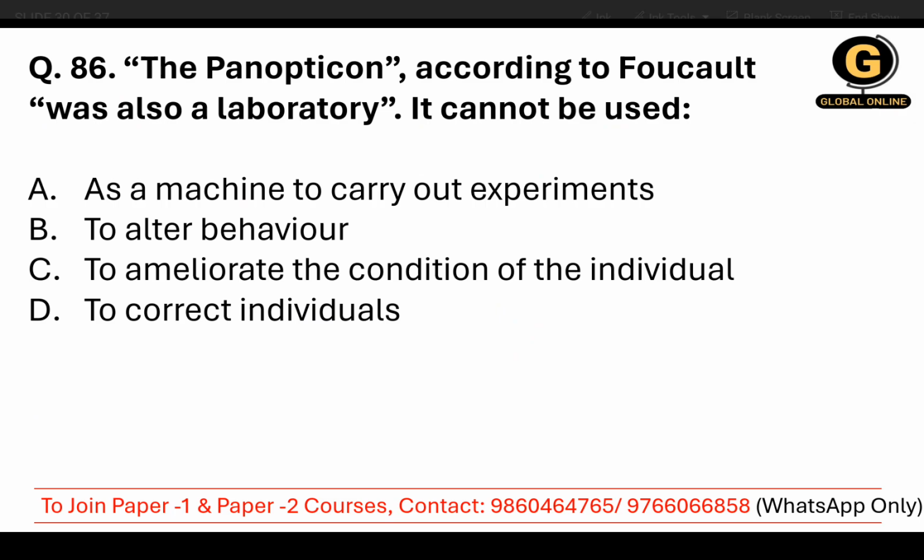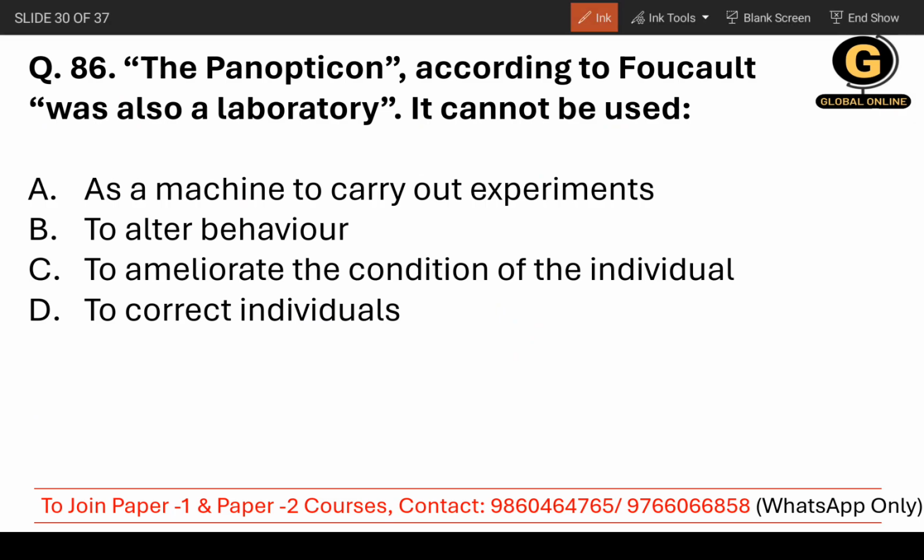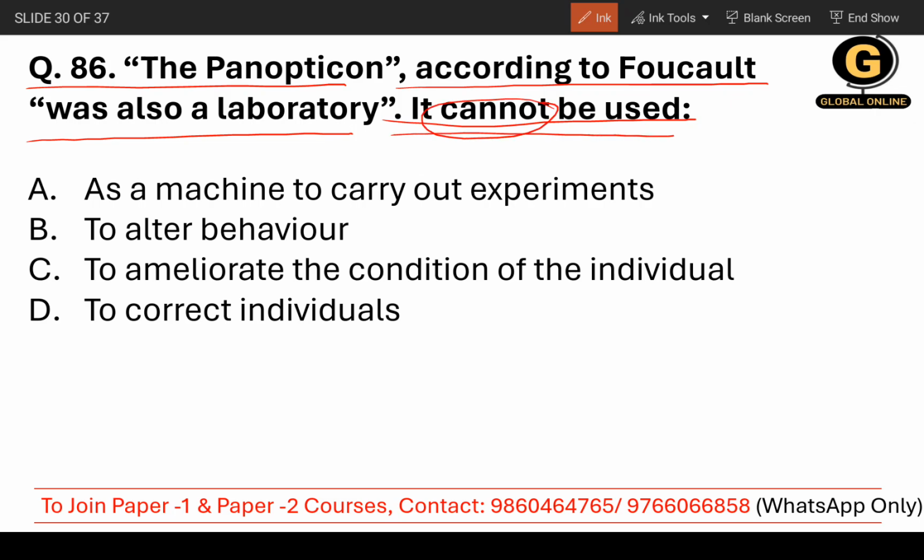Moving on to question number 86. Panopticism, according to Foucault, was also a laboratory. It could be used as a machine to carry out experiments, to alter behavior or to correct individuals.